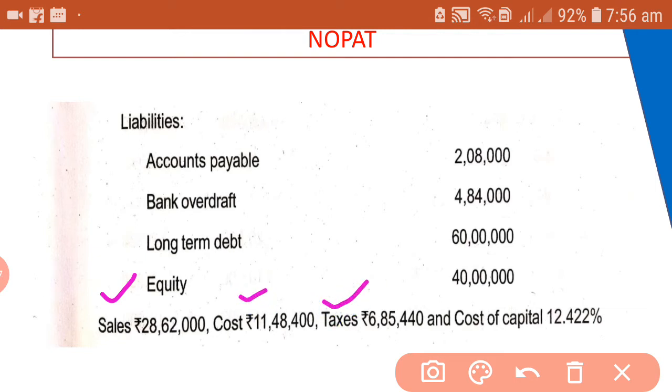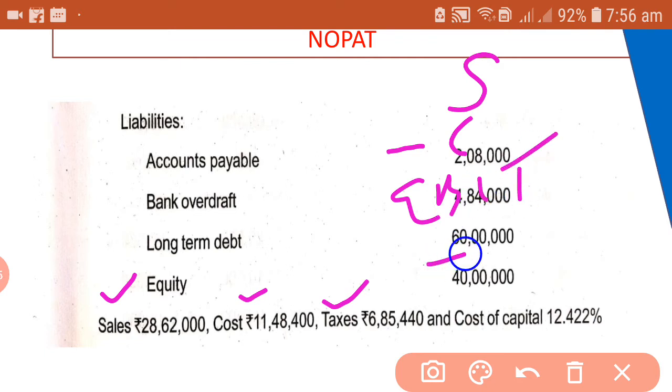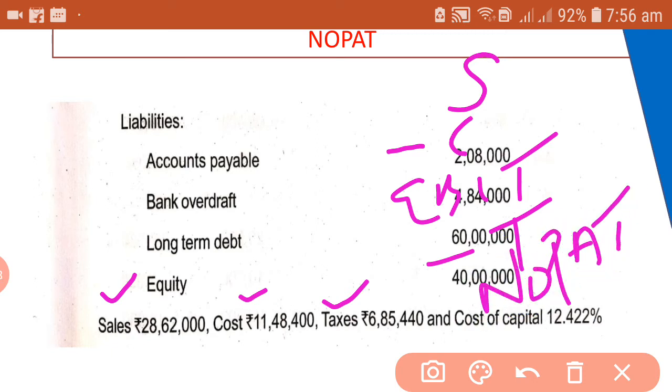If we are provided with these items, we can calculate NOPAT, that is sales less cost of goods sold and less cost. Then we will get EBIT. From this we may deduct tax. Then we will get NOPAT. So from these details we can calculate NOPAT.